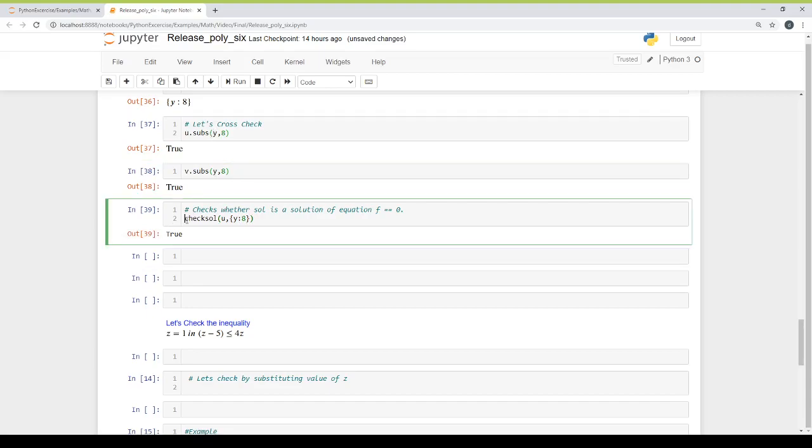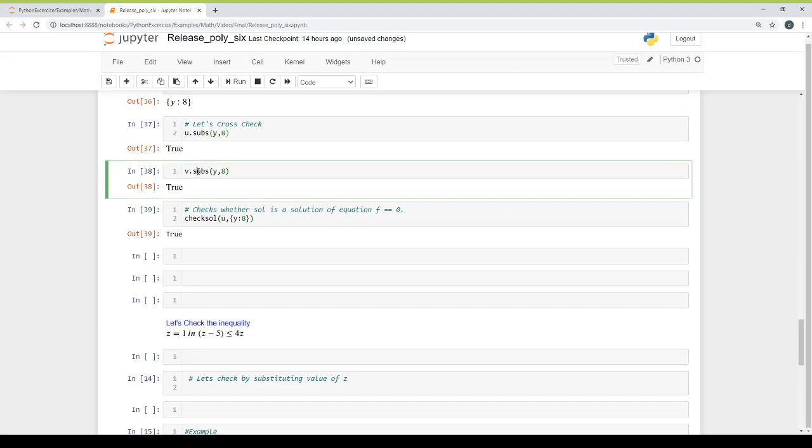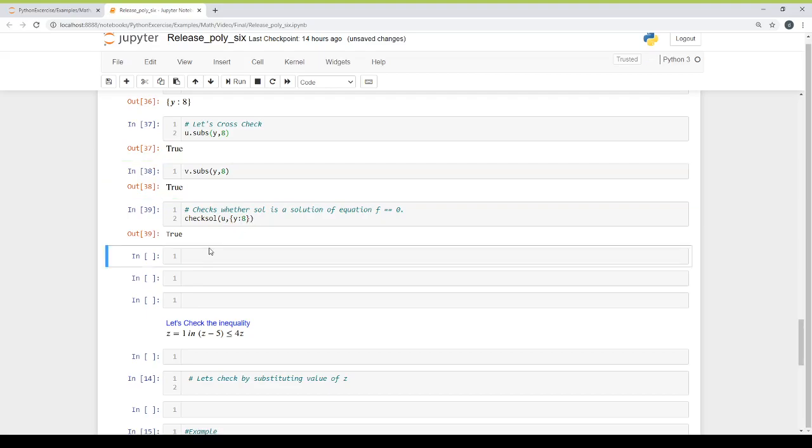So this is another method. You can substitute the value of variables into the equation to check whether it is a solution or not. And Sympy also provides the method check solution, which takes two parameters and returns a boolean value whether a solution is right or wrong.